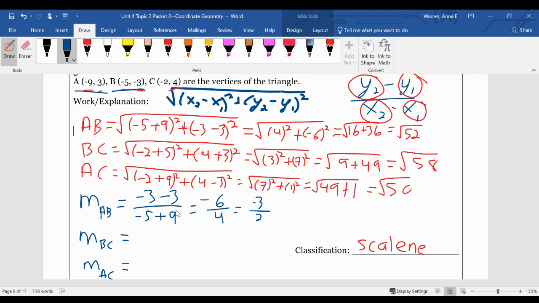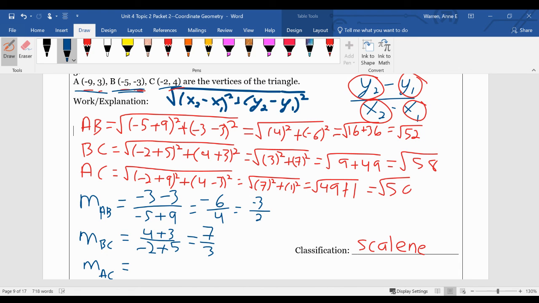Okay. So again, I'm going to do y2 minus y1, but this time I'm using points C and B. So y2 minus y1, minus -3, over x2 minus x1, minus a negative, again, being an addition. And that gives me 7/3.